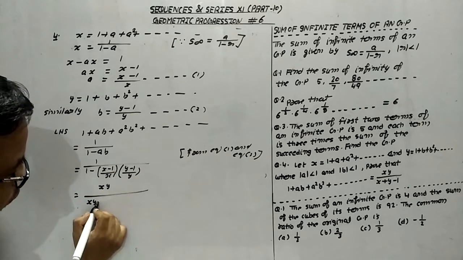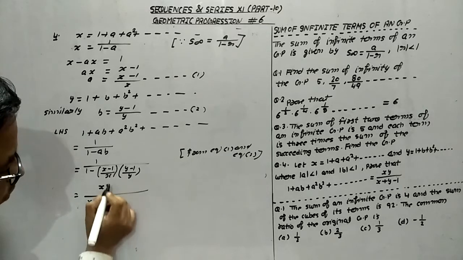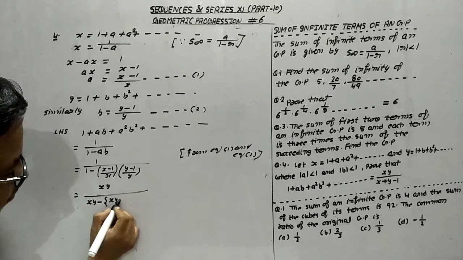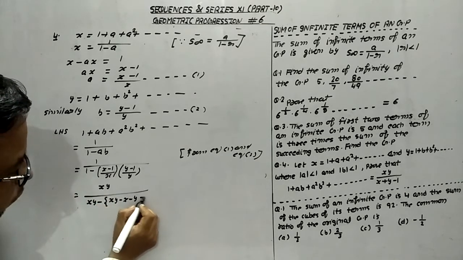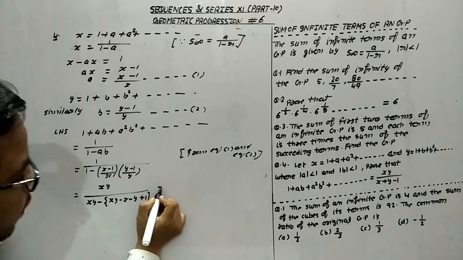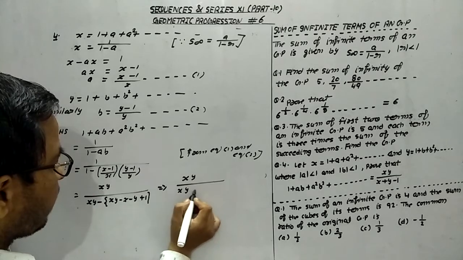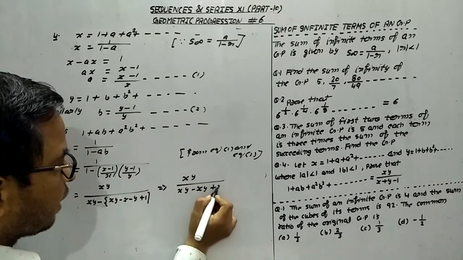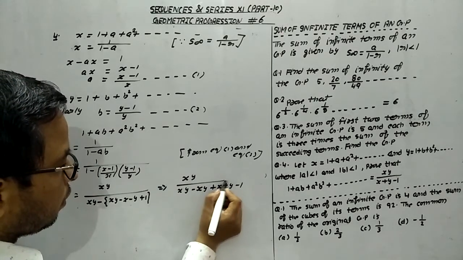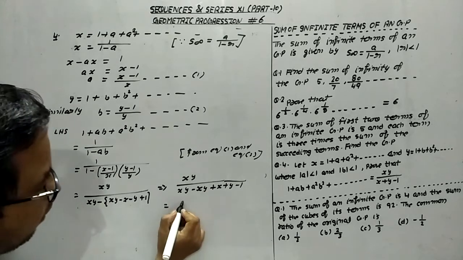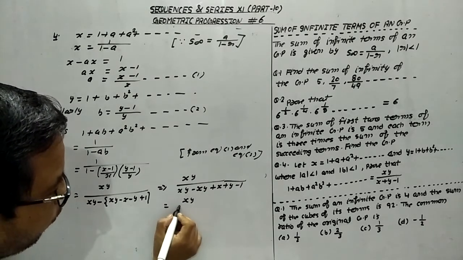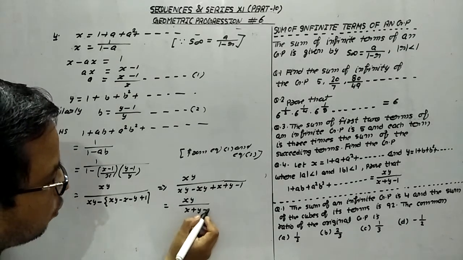It means this is xy minus, here we do the multiplication, xy minus x minus y plus 1. Now what does this become? This becomes xy upon xy minus xy plus x plus y minus 1. Therefore what are we observing? This is xy upon x plus y minus 1.